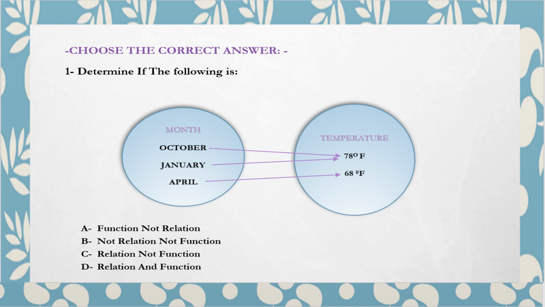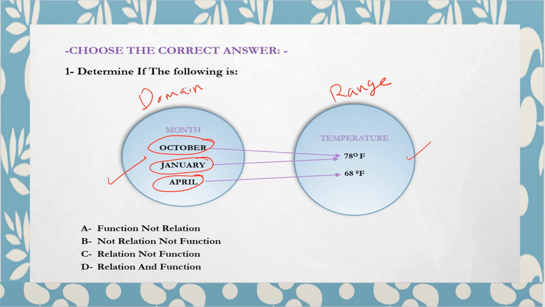In this example here, the first set is months, October, January, April, and the second is the temperature. So this is the domain of the relation, and this is the range of the relation. Each element in the domain corresponds to exactly one element in the range.